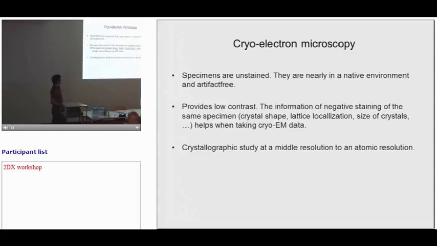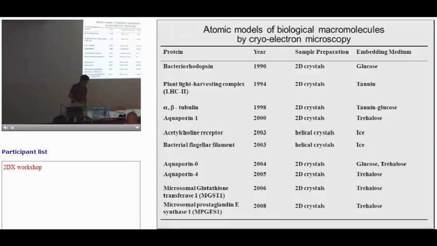Crystallographic study at middle resolution to atomic resolution can be achieved in cryo-EM. Here is a list of the proteins solved by cryo-EM at atomic or near-atomic resolution. Most of these are membrane proteins. The main focus of electron crystallography is membrane proteins, because membrane proteins are embedded in lipids in the crystals, restoring the native environment.